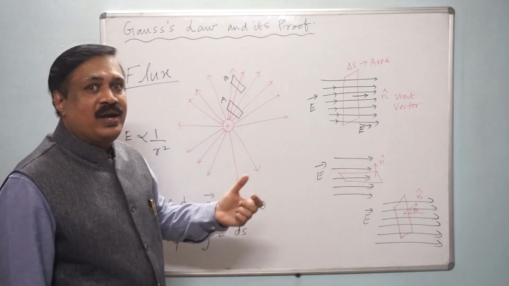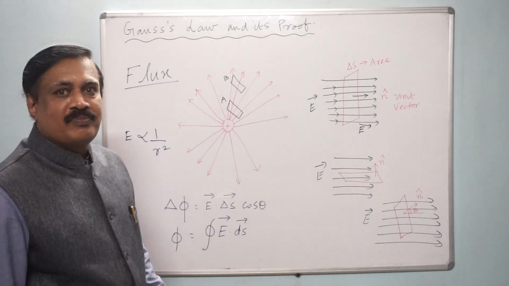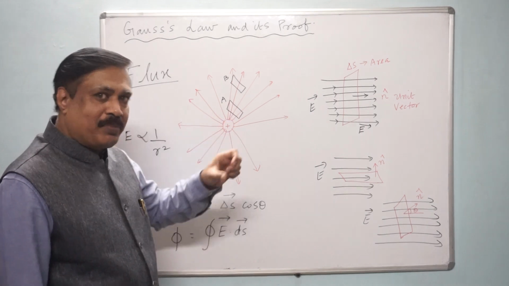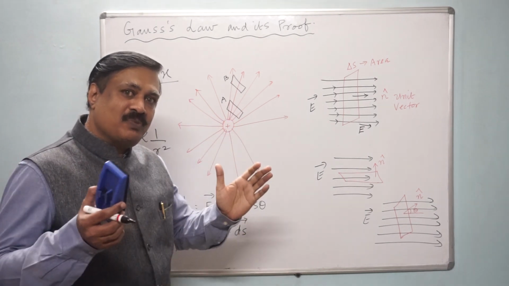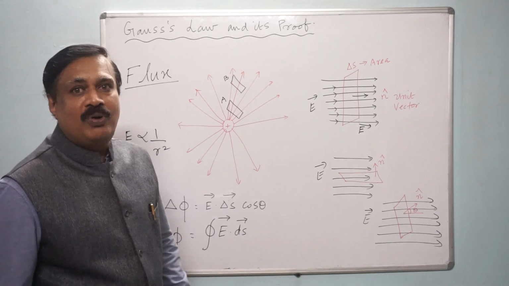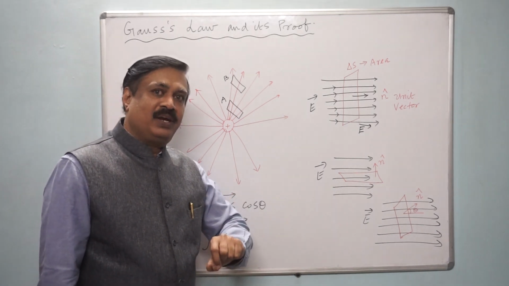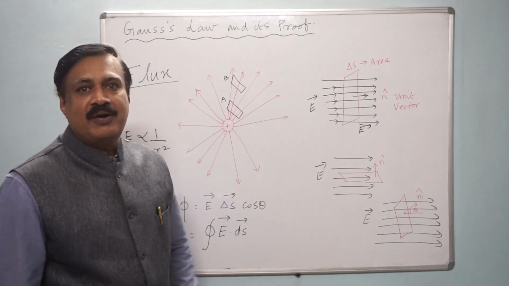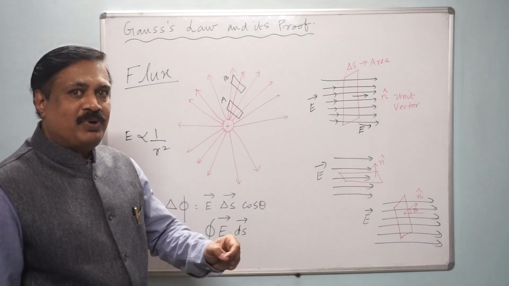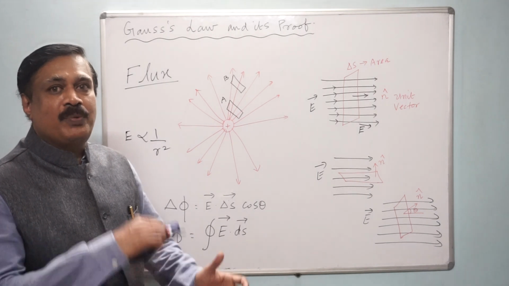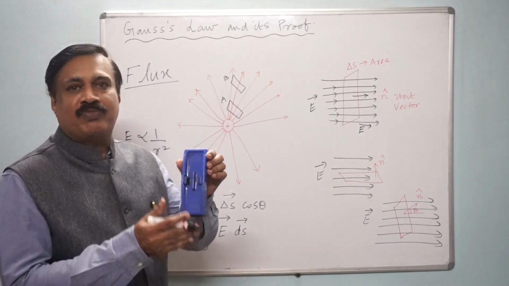Moreover, it depends upon the area also. If this area is small, the number of lines will be less. If this area is bigger, the number of lines will be more. Therefore the flux depends upon electric field intensity and area, and it depends upon the position also, how we place the area.